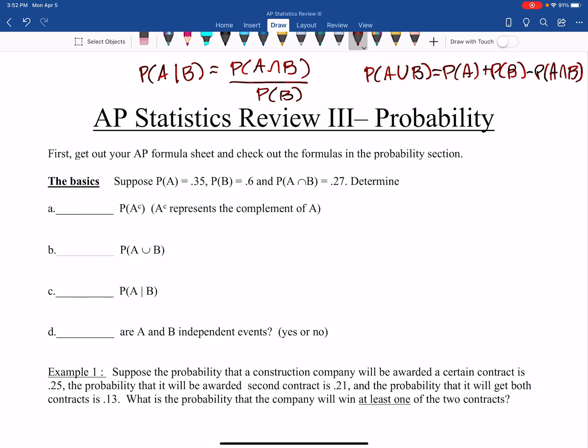So these are the two that are given to you on the actual formula sheet, and we're going to talk about some of the different things that occur.